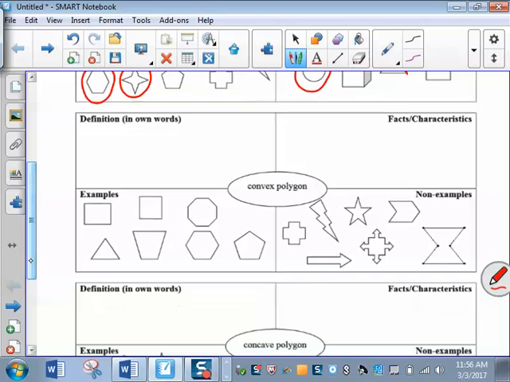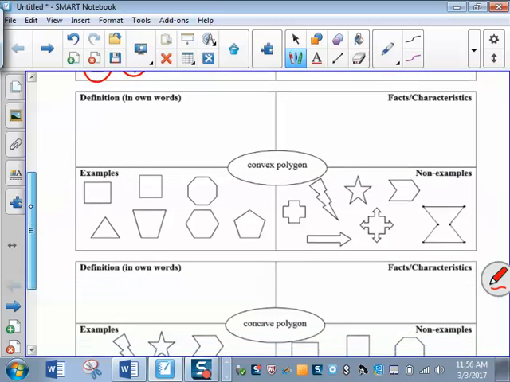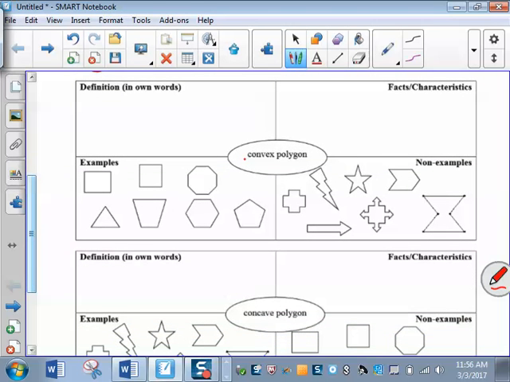So, once we identify what is a polygon and what's not a polygon, we can talk about two different types of polygons. We have a convex polygon, and down here you can see concave polygon. A convex polygon is a polygon with all of its interior angles, so that's angles that are on the inside, right?